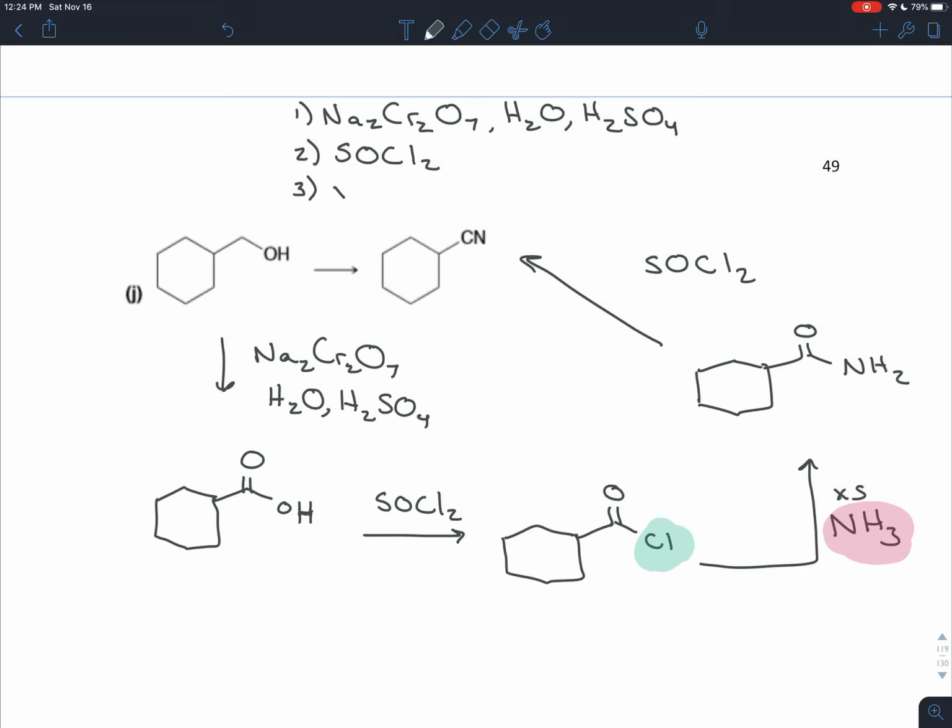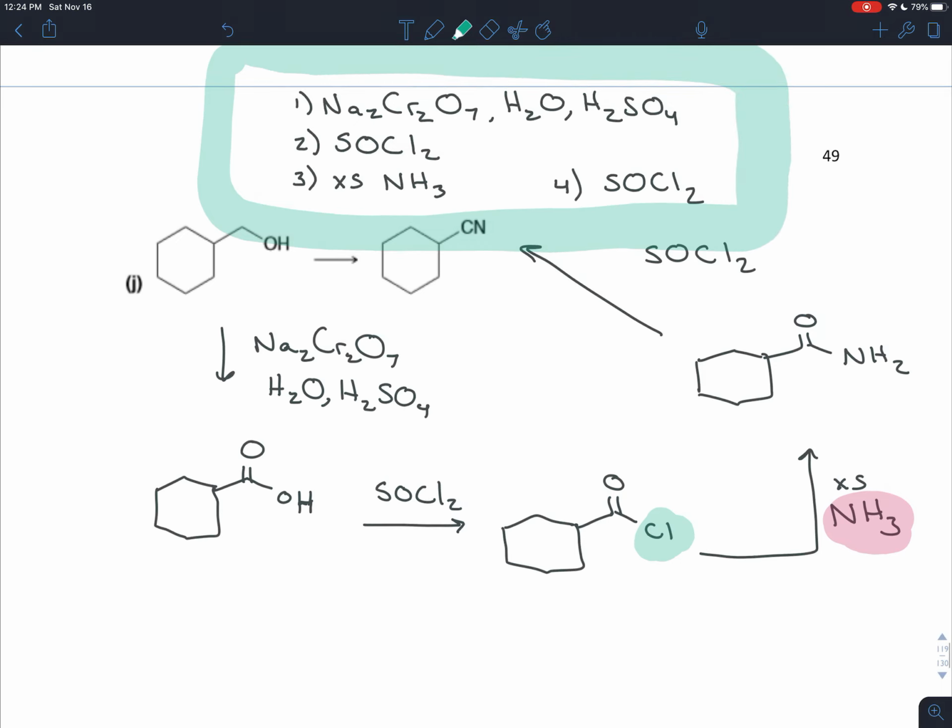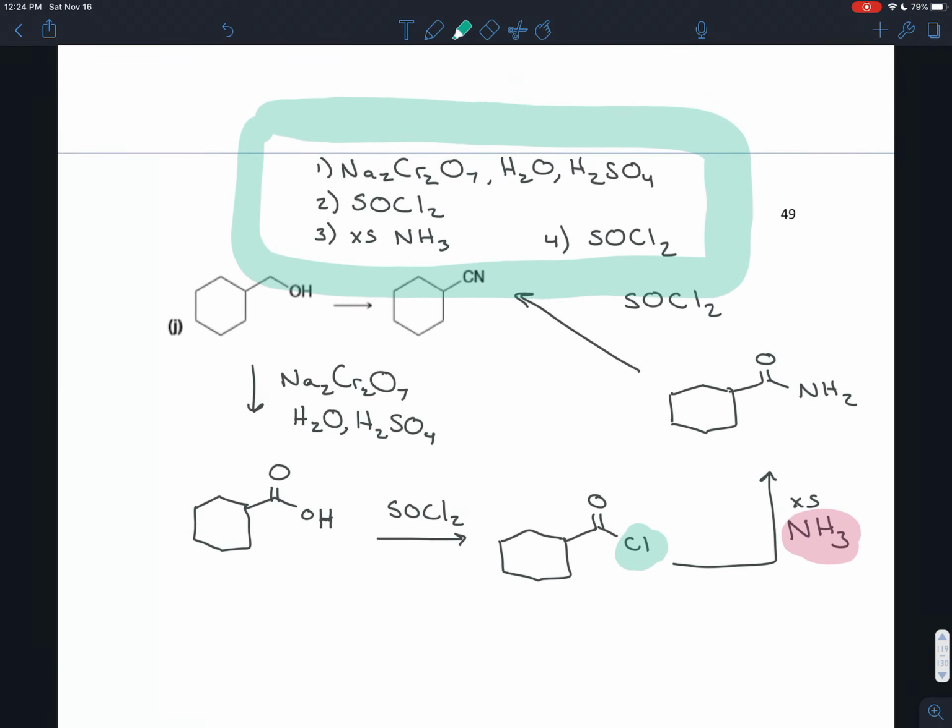We can use our weak to moderate nucleophile, ammonia, and that will react with this amazing electrophile without any side reactions. Finally, we have our amide, and we just need to get rid of the oxygen. We turn it into a good leaving group with thionyl chloride. So the 4th step is thionyl chloride. So overall, this is the recipe you'd want to follow to make that transformation happen.